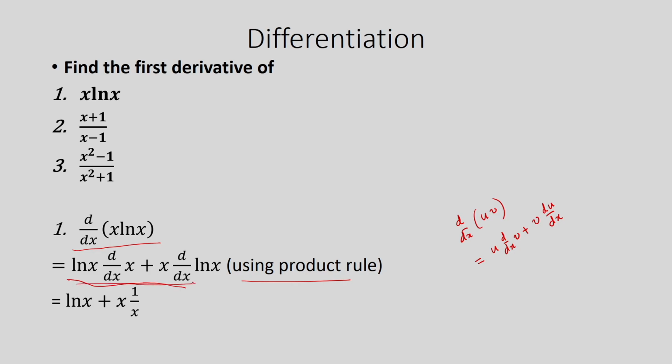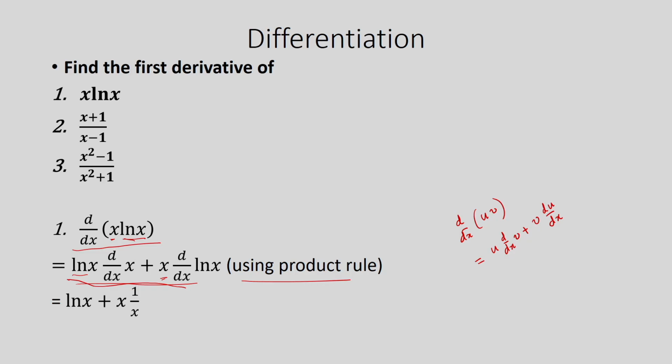That was the product rule, just in case you remember, and that is what we have used here. We take one of these functions, suppose log x, and take the derivative of the other function, which is x, and then we take x and take the derivative of the first function, which is log of x.